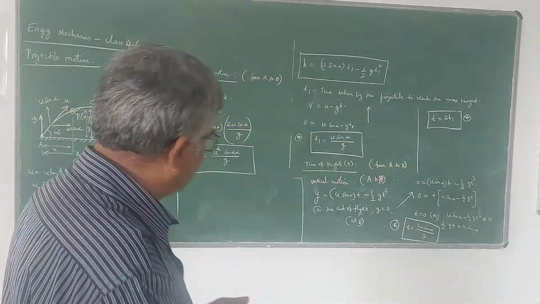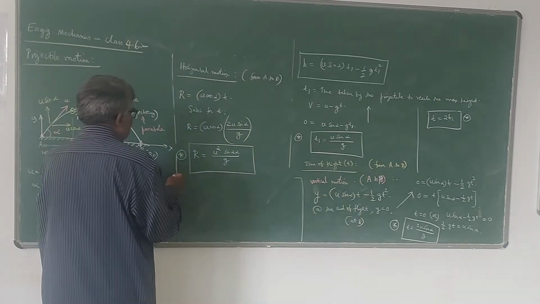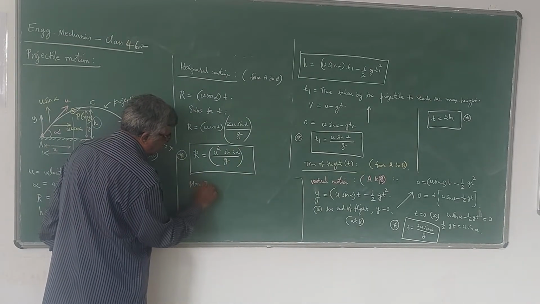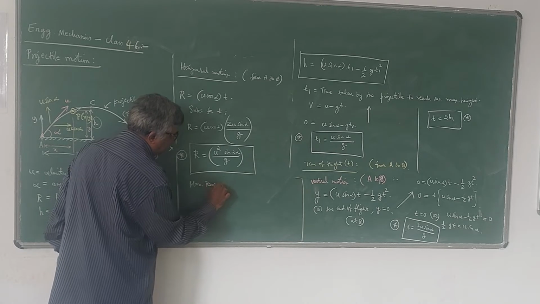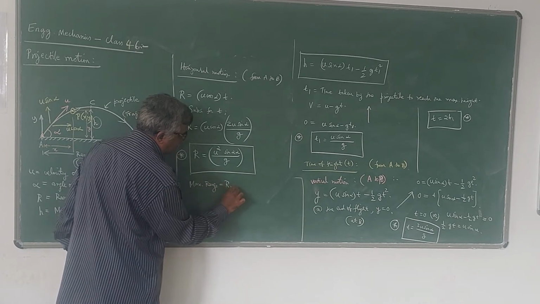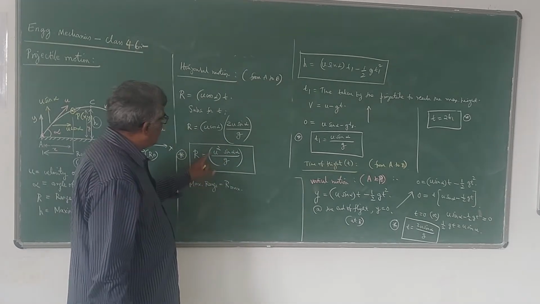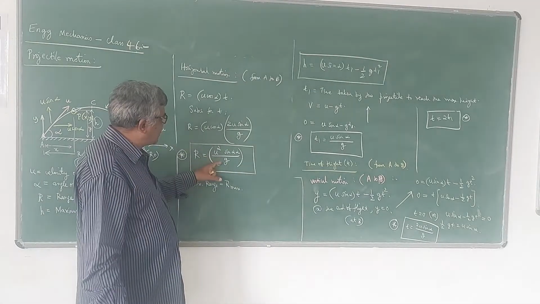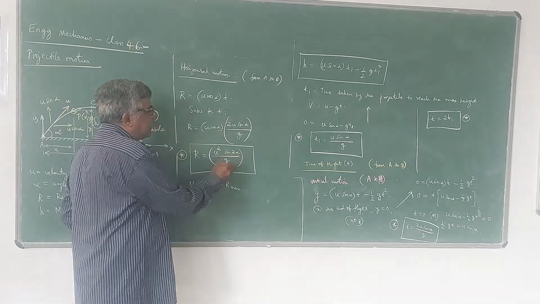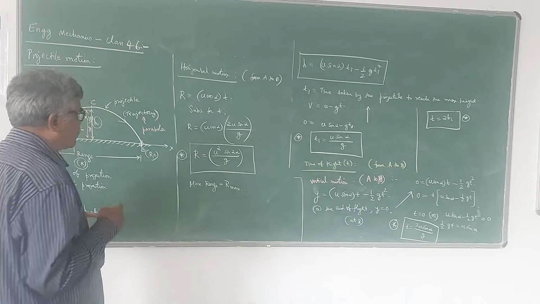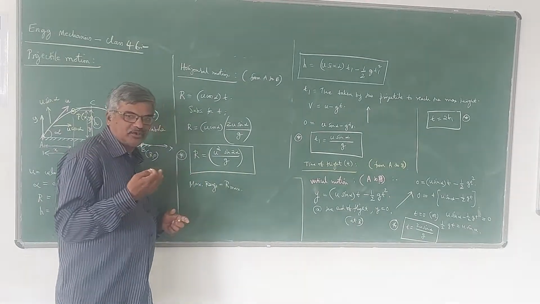Now maximum range. So this is for the range. So now if I want maximum range, that is R maximum. So if you observe this expression, u is constant, g is constant, alpha can be varied. Here, the maximum value of sin 2 alpha is 1, so you know that maximum value of sin and cos is 1.